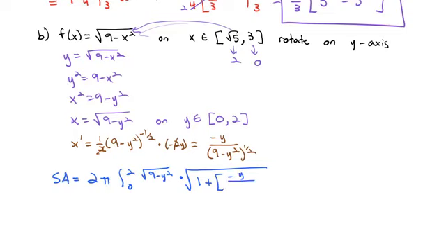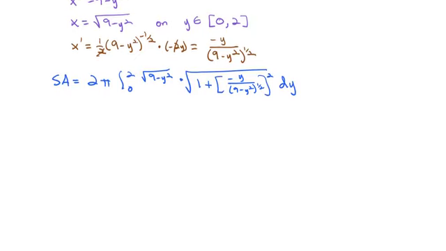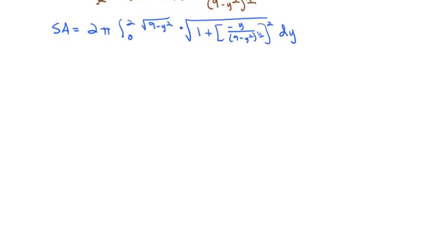Negative y over 9 minus y squared to the 1/2 squared dy. And this is the integral we need. Again, the algebra is going to take some work. This integral is even easier than the last one to actually evaluate, but we have to do a little bit of algebra to clean it up to make it like we want.